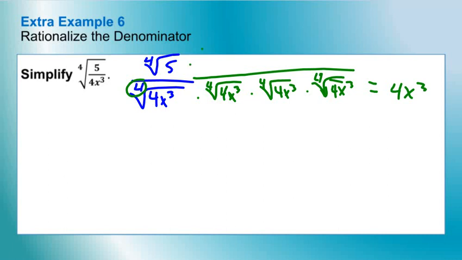And on top, I just multiply by these 3, so 4x cubed times the fourth root of 4x cubed times the fourth root of 4x cubed.